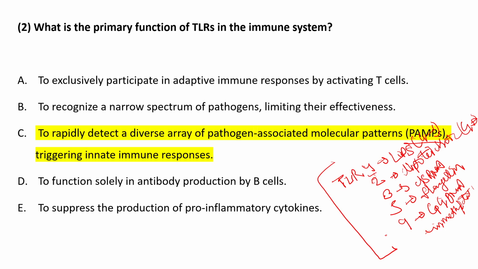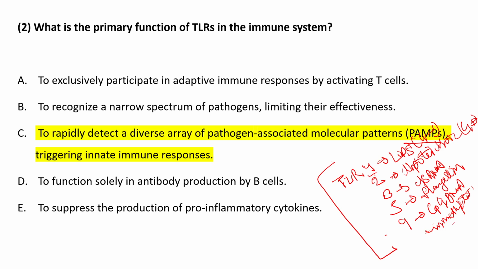TLR3 is responsible for binding to the double-stranded RNA in viruses. TLR5 is responsible for binding to the flagellin protein in the bacterial flagella. TLR9 is responsible for recognizing the unmethylated CpG DNA, which is found in bacterial and viral genomes.